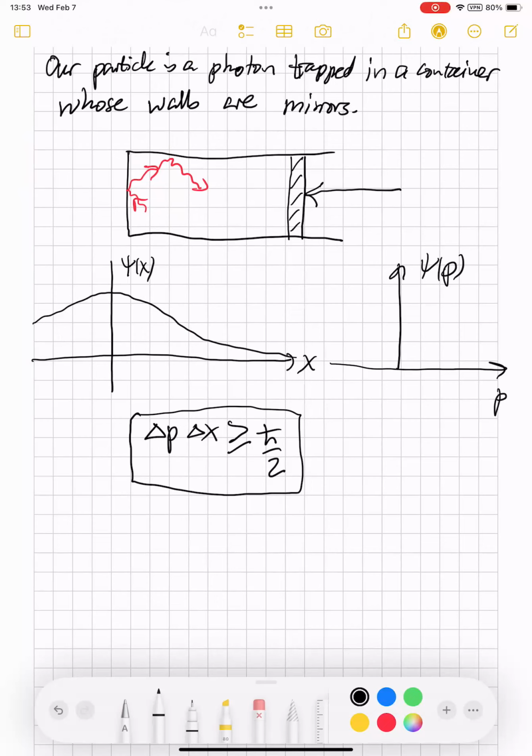So delta x is large, and that means delta p can be small. So it's perfectly okay to have a delta p which is small. No problem with that. So we might have a wave packet that's tightly peaked around zero momentum in momentum space.